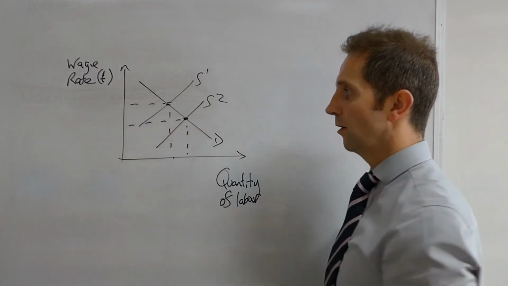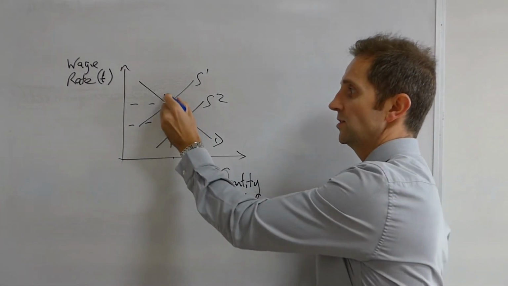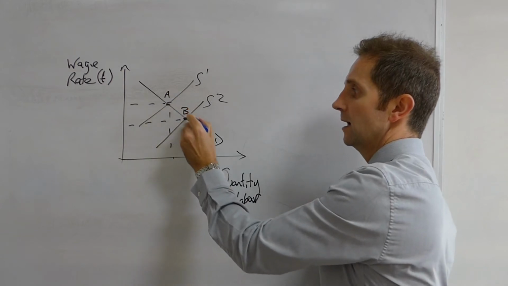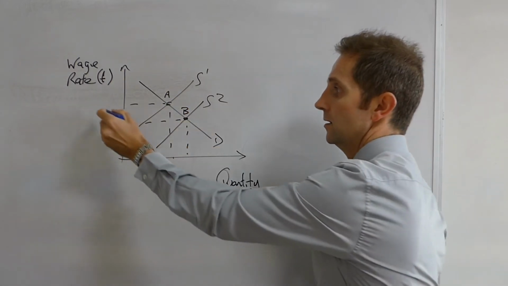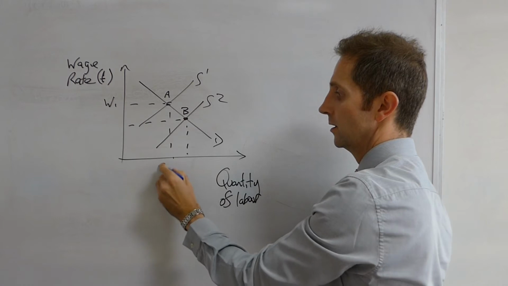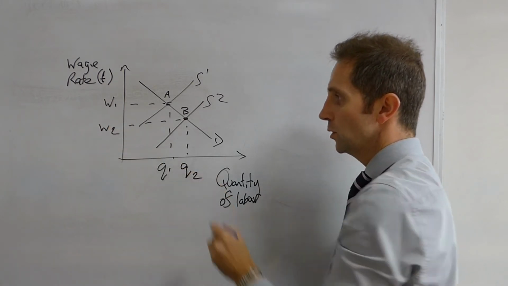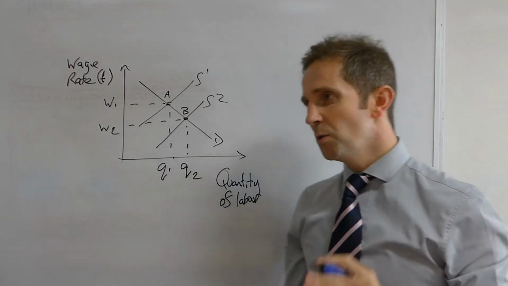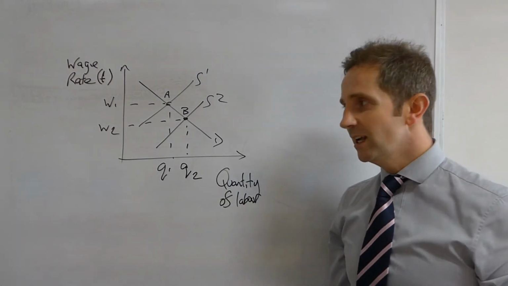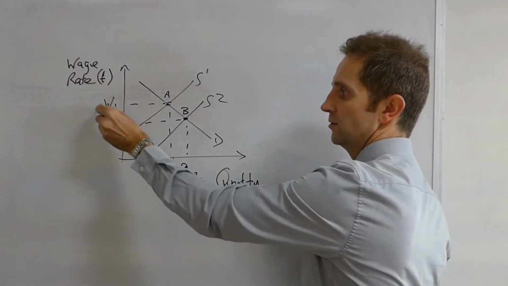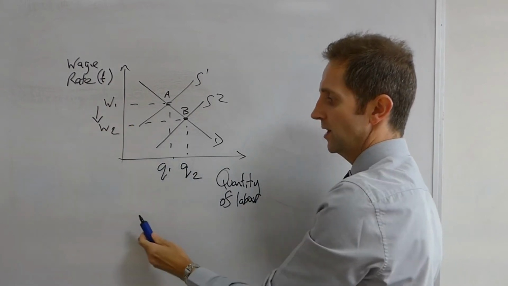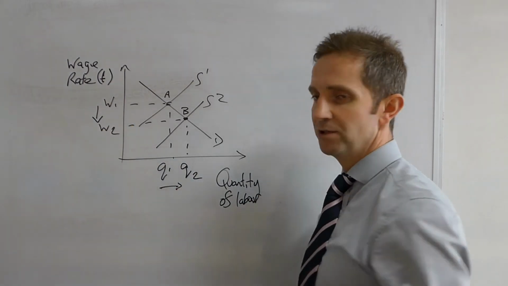So we put our equilibrium points on it. Nice to see some of you putting A and B, W1, Q1, W2, Q2, and then, as I've always stressed, do try and indicate the direction of travel: downwards here and outwards here.